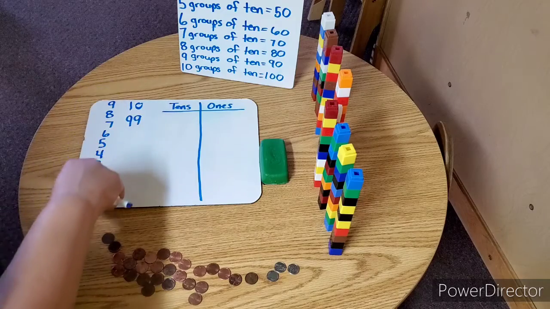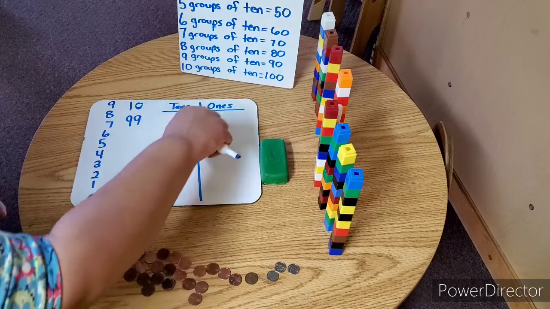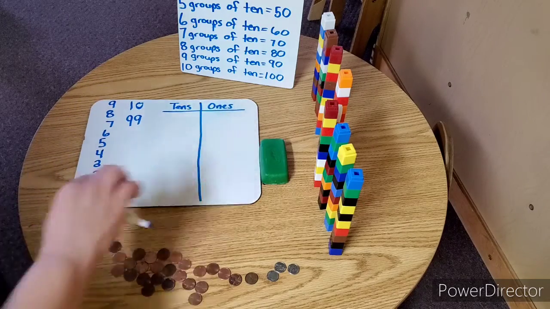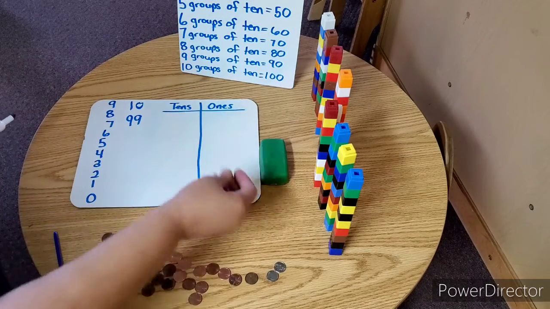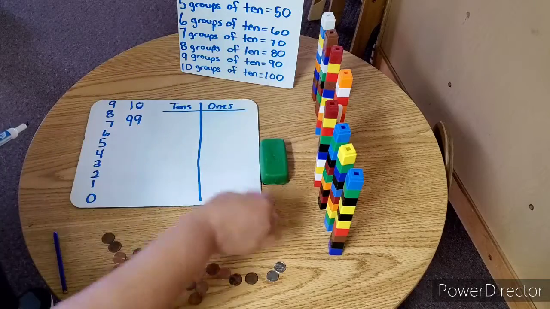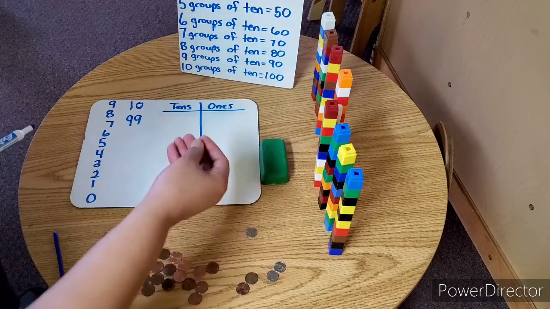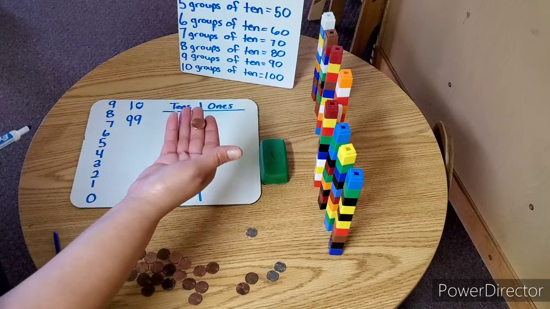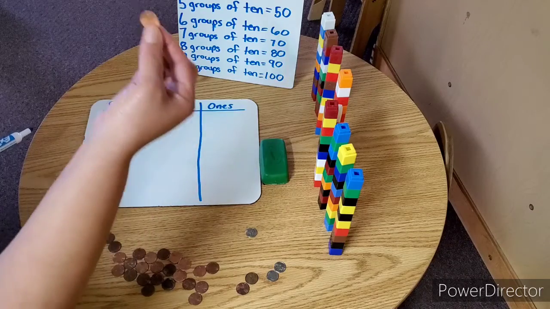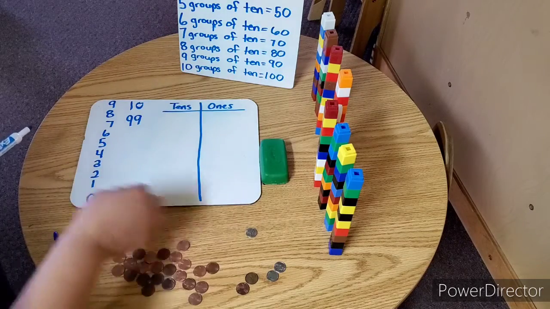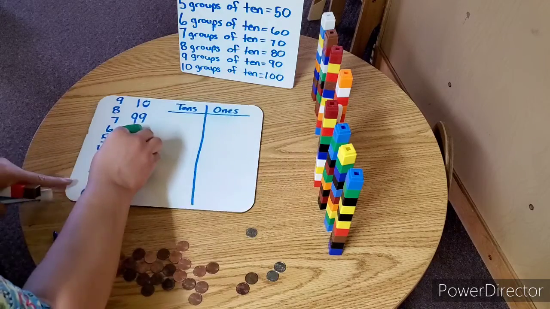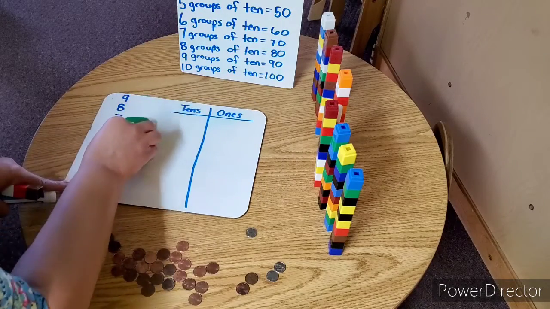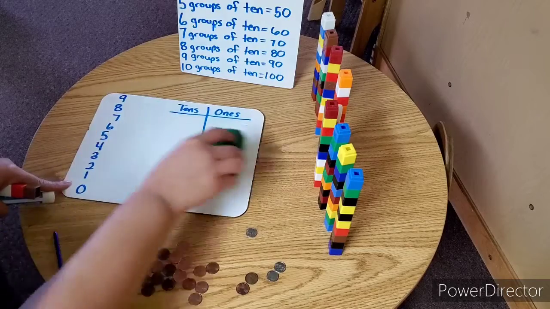If you only have 1 number, then we write you in the ones. So remember, our dimes are tens because they're 10 cents, and our pennies will represent ones because they only are 1 cent. So we are going to break down tens so we can understand how many they are.